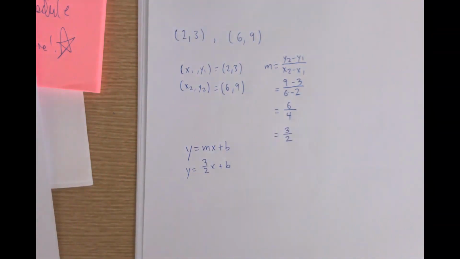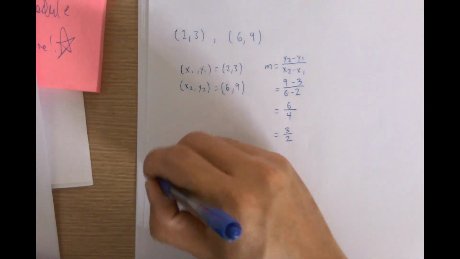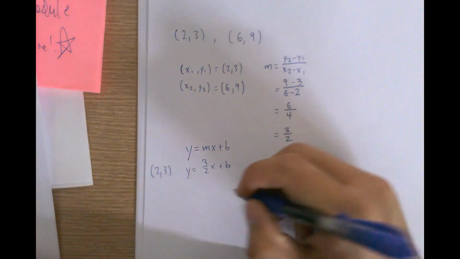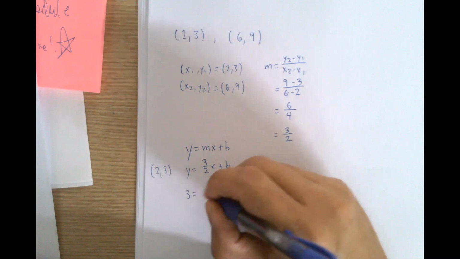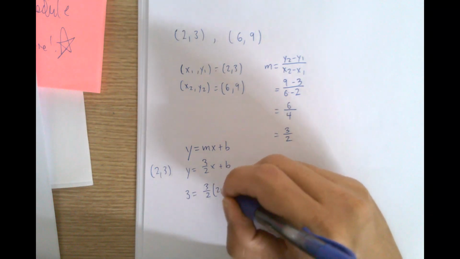As we discussed in the last problem, it doesn't matter which set of points you plug in. You can plug in either set of points. So I'm going to go ahead and plug in 2, 3. So this is going to be 3 is equal to 3 divided by 2 times 2 plus b.